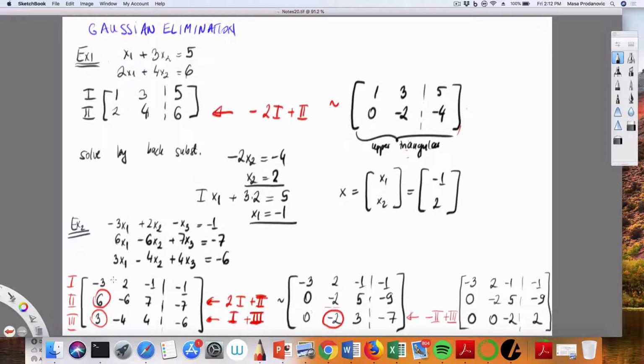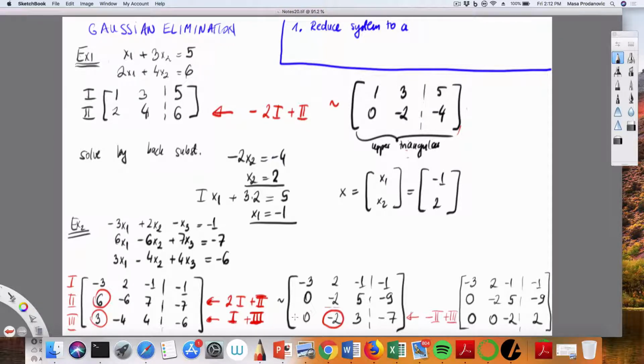Now, we're actually going to start our first step in Gaussian elimination. So Gaussian elimination has 2 steps, and I'm going to write them down right here. My first step is reduce the system to an upper triangular system, okay?